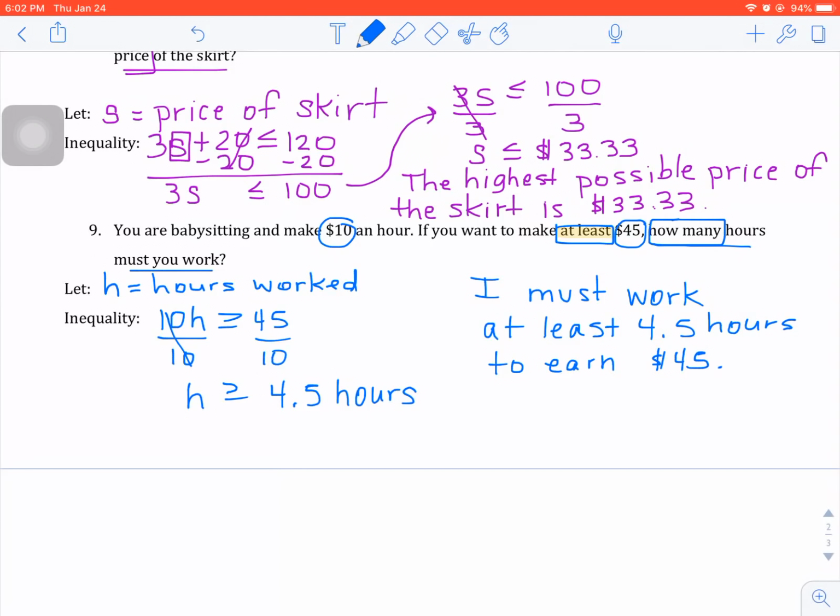And you could say to earn at least $45, or you could say to earn $45 or more. But $45 is the minimum that you want to earn.